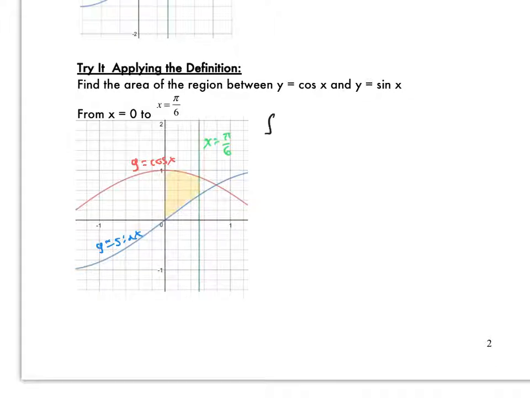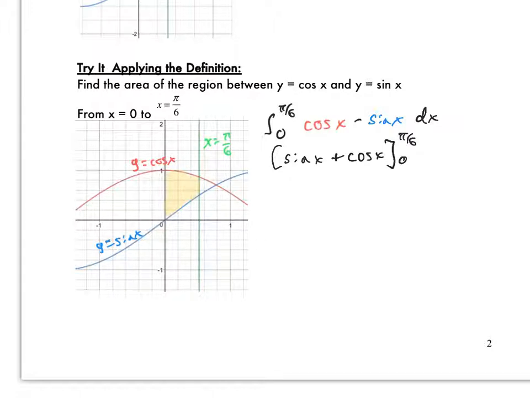So you're going to be able to go from 0 to pi over 6 of cosine of x minus sine of x. And again, this is all with respect to x. So pretty easy to do. Antiderivative of cosine is sine x. Antiderivative of the sine is negative cosine, so it's sine x plus cosine x, evaluated at 0 and pi over 6.